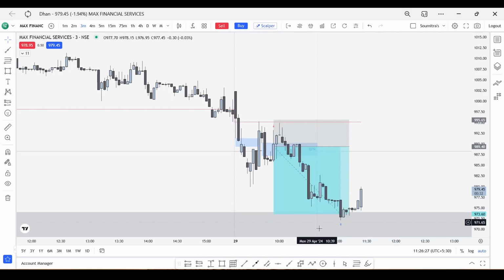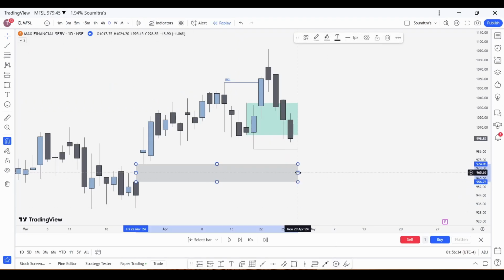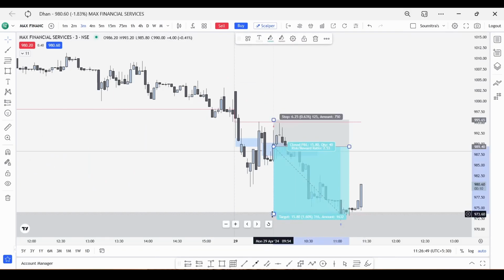So the learning is that whenever you have a liquidity close to your trading leg where you are trading, it is always better to take the profit or the target right at that liquidity, and it is not advisable to bring your target here just to match the risk to reward.